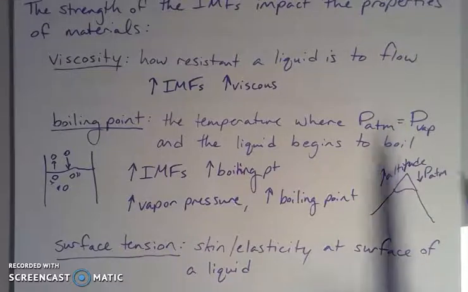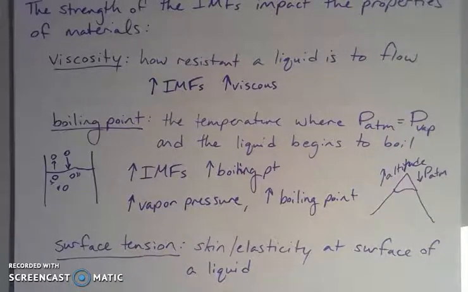So that increase in altitude is going to decrease the atmospheric pressure, which means that less vapor pressure is required, which means the boiling point is going to go down. There we go. It's kind of hard to get your head around.